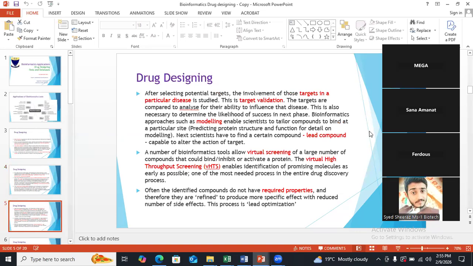So, drug designing is a very interesting process in which the targets in a particular disease are studied, those targets which are involved in the emergence of the disease.